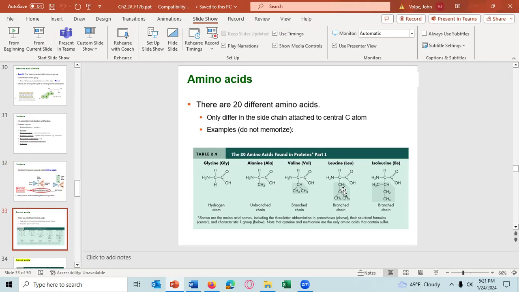I think the highest number of amino acids ever found in a living microbe was 23. You don't need to know that, I'm just stating it. You do not need to know these examples of the amino acids. I'm just trying to show you them.